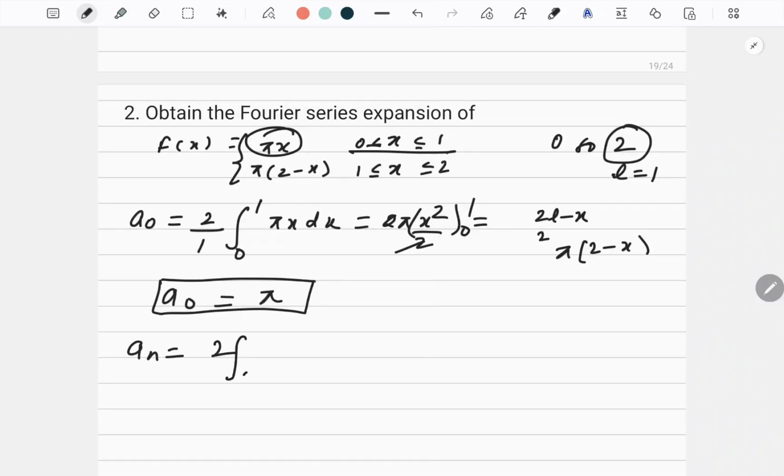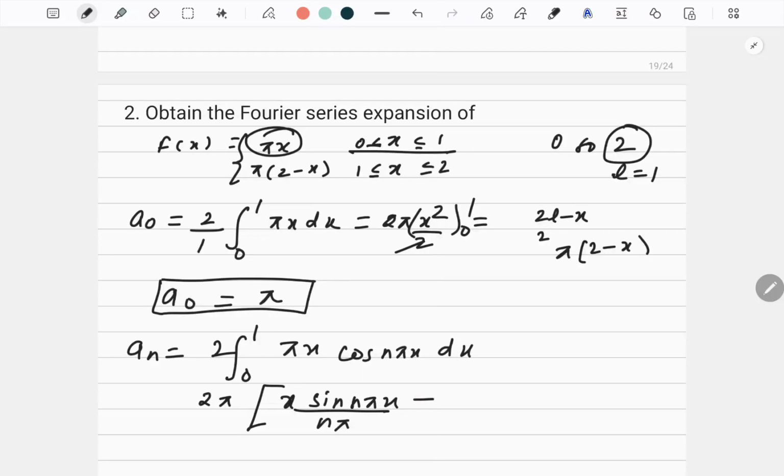Now let me check what an is. An is 2 integral 0 to 1 of pi x cos of n pi x dx. So 2 pi is out. Now first function, integration of second, minus integral of d by dx of first, double integration of second. Cos will become sine, sine will become again cos: cos n pi x upon n square pi square with one negative.